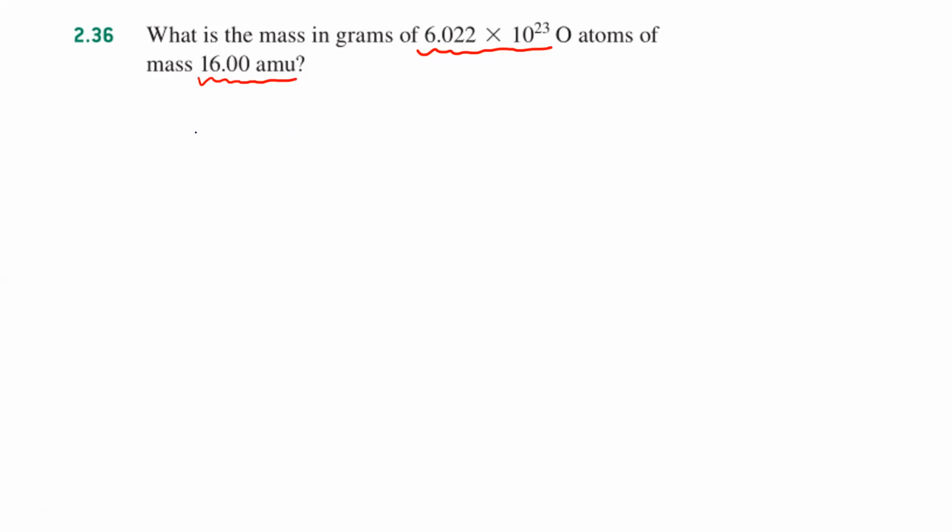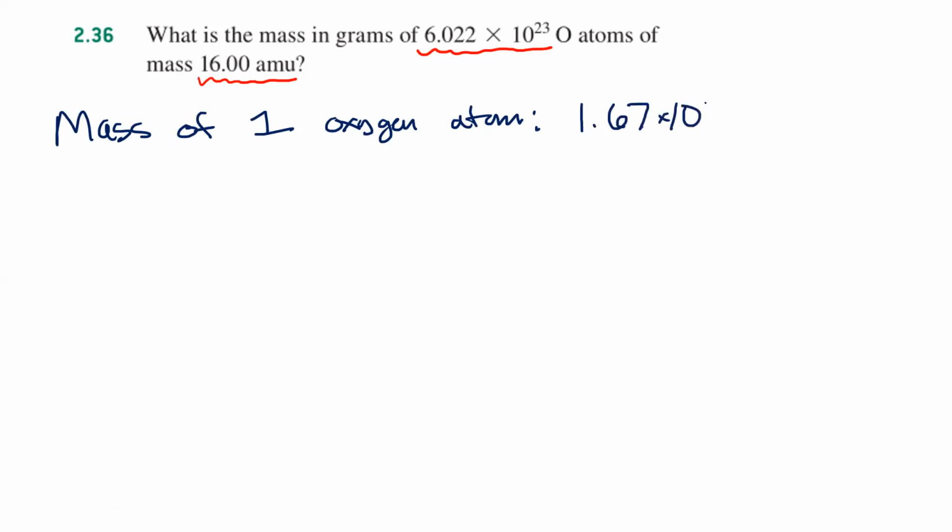So the first thing we can do is find the mass of one oxygen atom. And the long way of doing this, which I believe is the easiest way to do it, is we're going to use 1.67 times 10 to the minus, what does the book use?